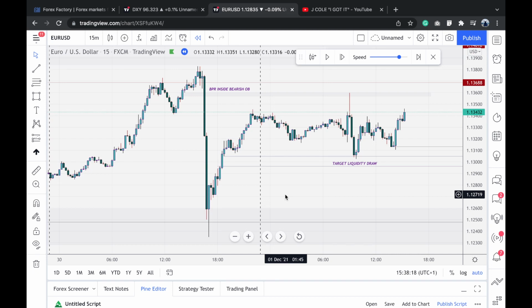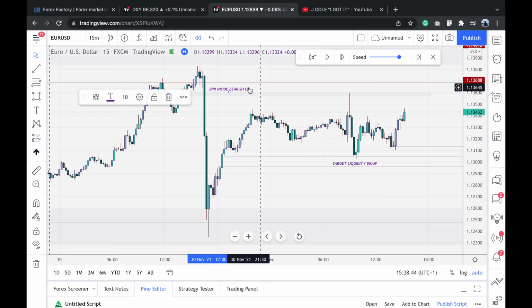What do I mean by reclaimed reference points? Oftentimes, the market will trade to an inefficiency or a balanced price range more than once, or the market will trade to another block more than once, or a breaker block more than once, and you have to be aware of this. Reclaimed reference points typically are very frequent in consolidating market conditions.